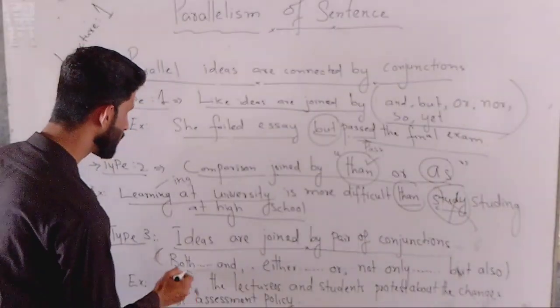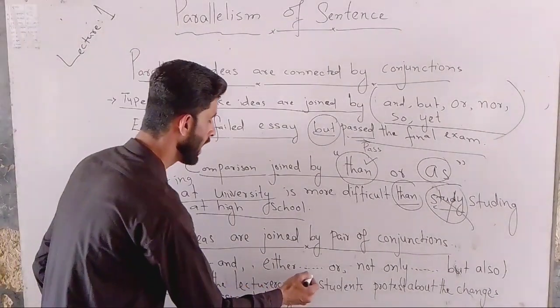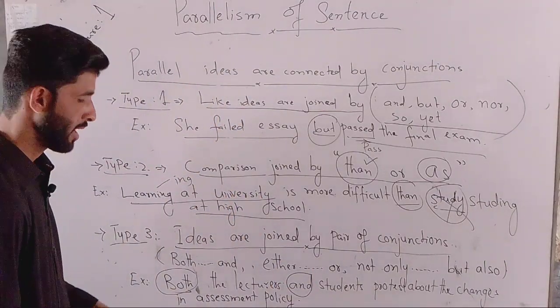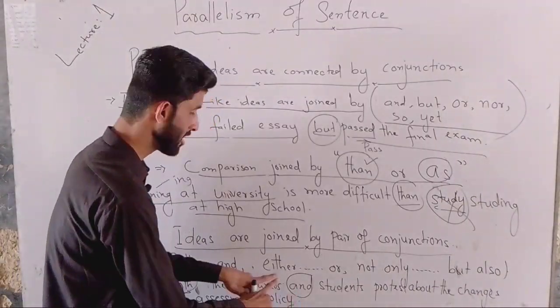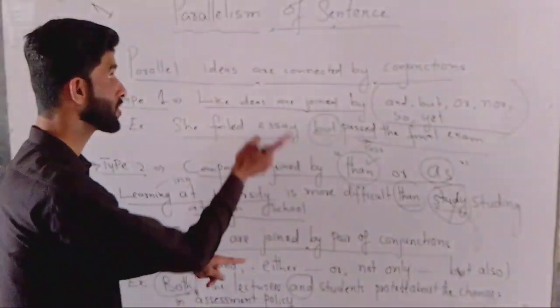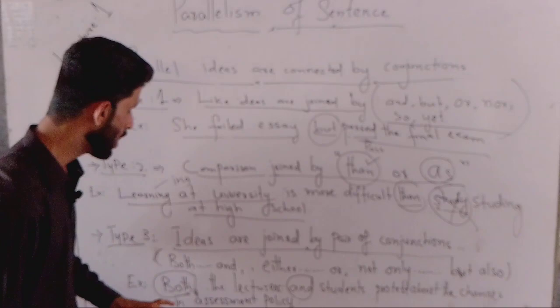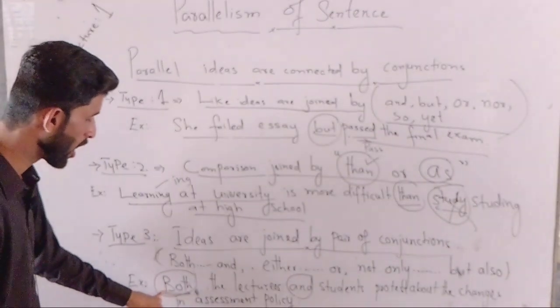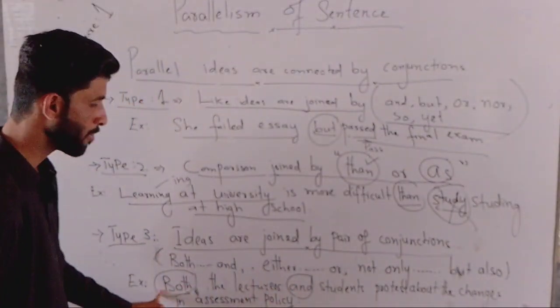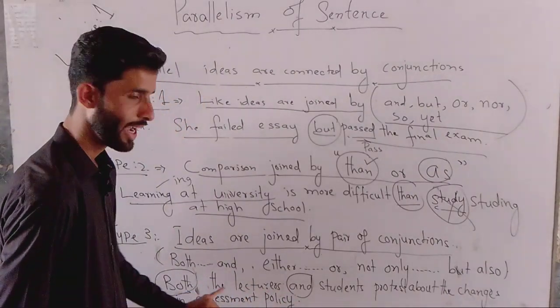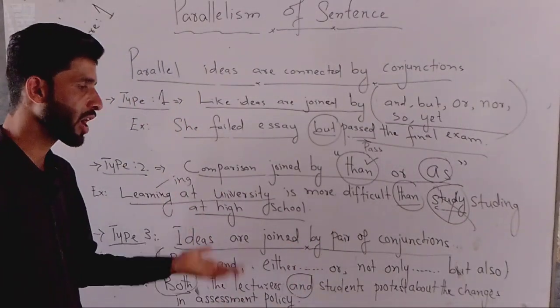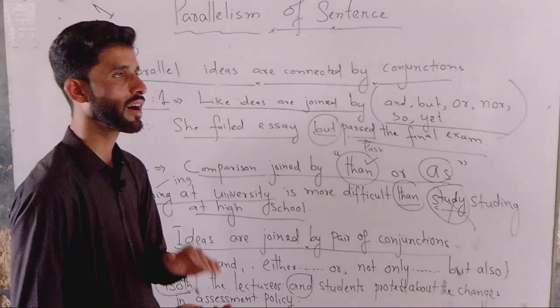We have used what? Both and. This is a pair of conjunctions which is used in parallelism of a sentence. We have to make it in equal weightage. So that's why the pair of conjunctions is used. Both and. These are pairs of conjunctions that we use in parallelism of a sentence.